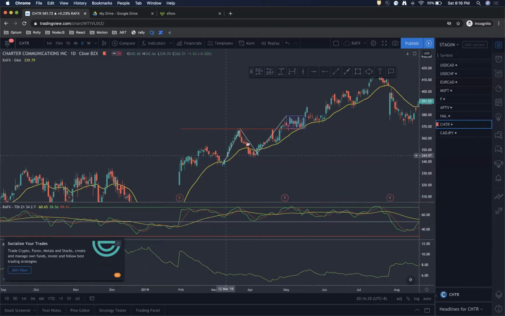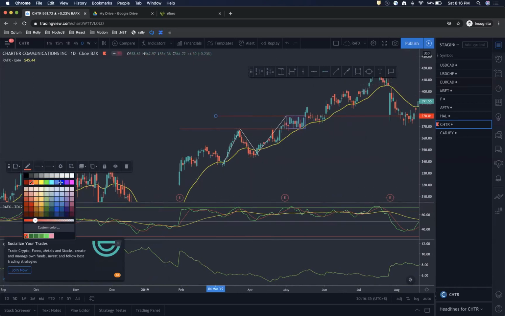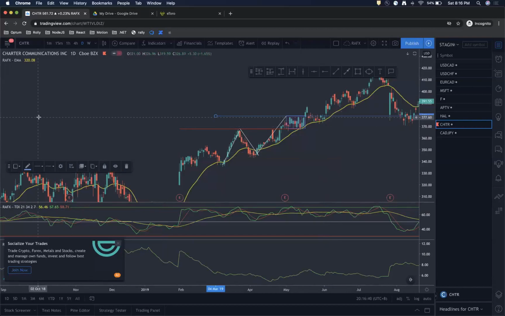Okay, so we know that this is your resistance here. Okay, nag-break siya. So etong part na to, bigyan natin ng green. Okay, gawin natin siyang blue para kunyari siya yung resistance. So yung area na to is yan yung resistance niya, di ba? So pwede siyang mag-consolidate diyan as a box.